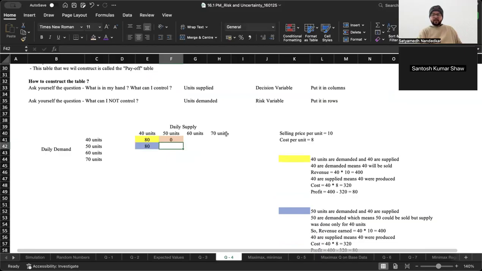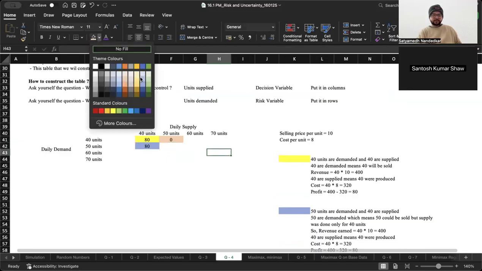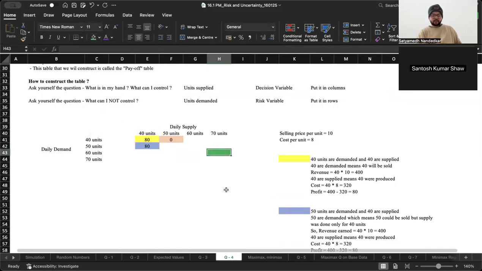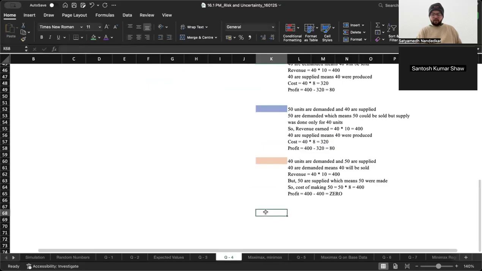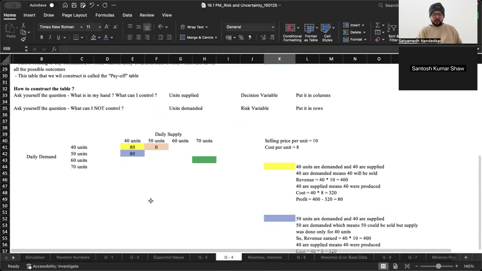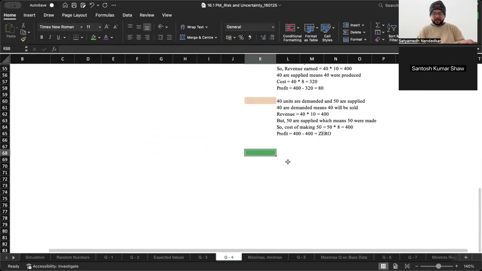Okay, let's pick up another value. Say I pick up this one. What is this scenario? 70 are supplied, 60 are demanded.